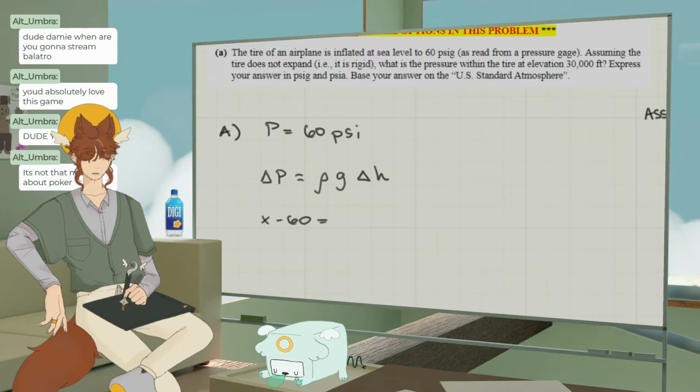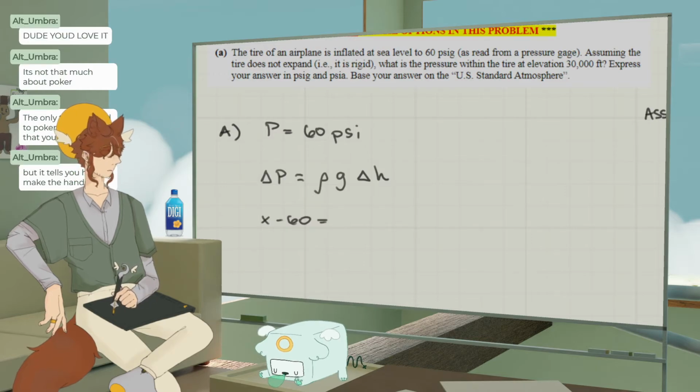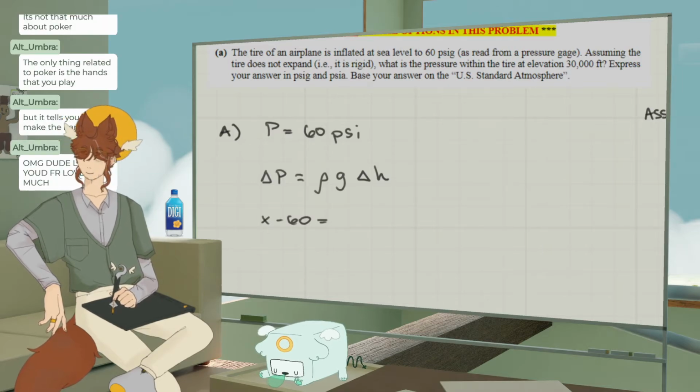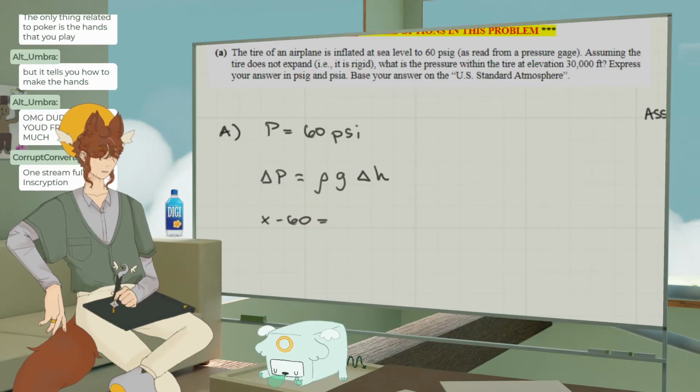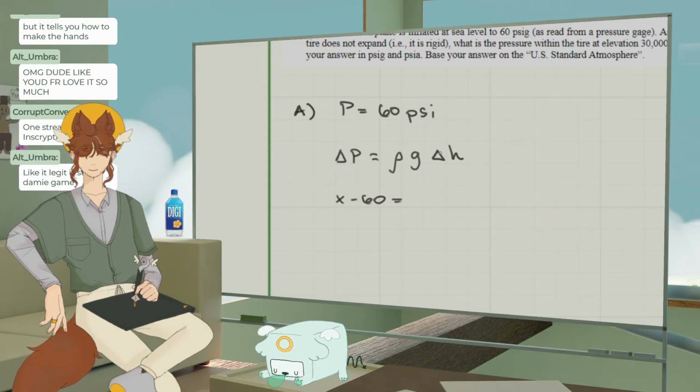I like the art, looks cool. Like the funny little clown guy. I'll have to try it. The other thing is the hands you play, but it tells you how to make the hands. Oh, okay. That's cool. We're chilling then. If I have to remember, it's like Mahjong. Like I really want to play Mahjong, but I have to remember a bunch of stuff to play Mahjong, and I'm like, I don't have the brain space to remember a bunch of different hands. I'm sorry, guys.